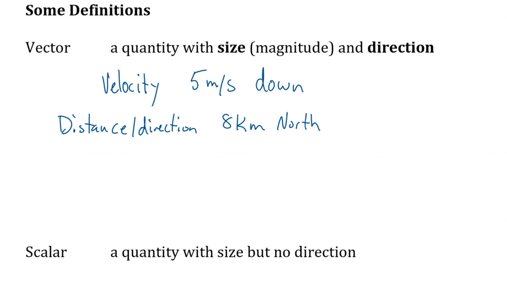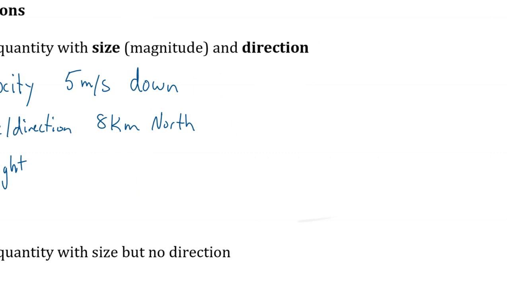Okay. Weight. Again, this is not something that we have to worry about too much in this course, but in physics class, you differentiate between weight and mass, and weight is a vector because it has direction, which is generally down, whereas mass is different.